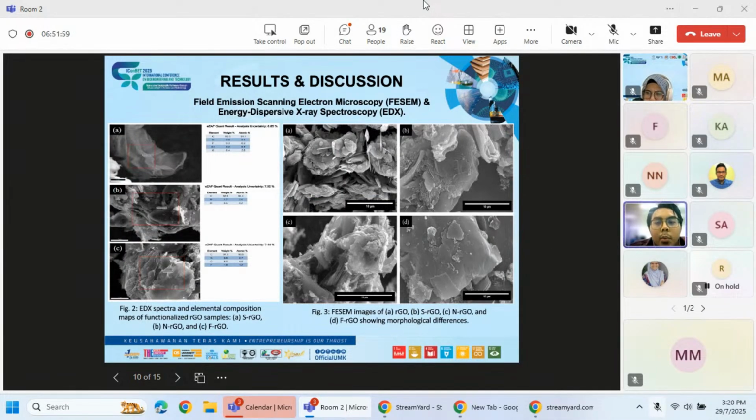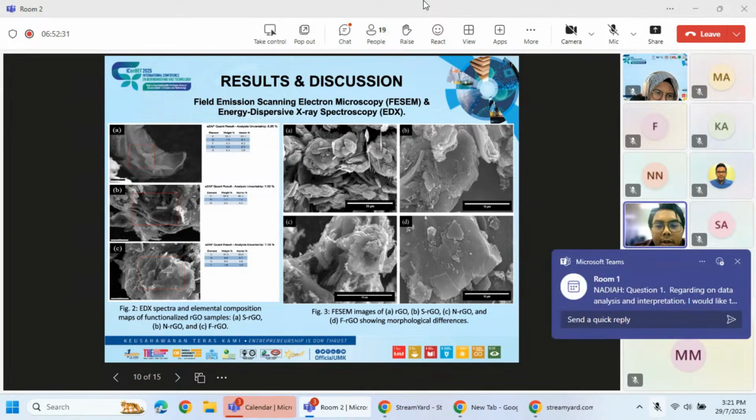Next, we use FESEM and EDS to analyze the morphology and composition of RGO and its doped form with sulfur, nitrogen, and fluorine. FESEM images show that pure RGO has wrinkled, loosely stacked sheets, which provide a high surface area but also indicate some structure disorder. After sulfur doping, the sheets become denser and rougher, suggesting sulfur incorporation.